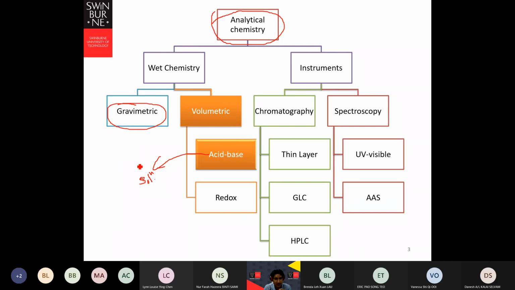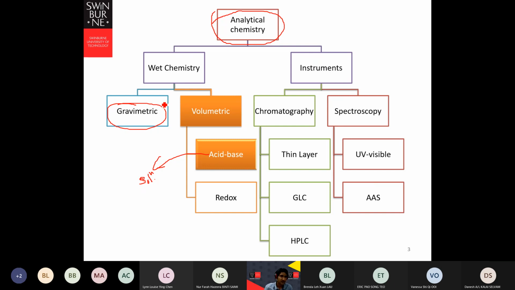So acid and base are happening in solution. And since it is in solution, the volume is important. The volume is important for both acid and base, which we are adding together to find out the product.